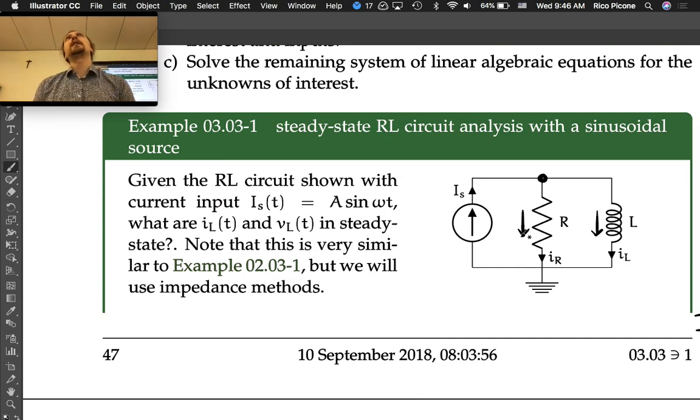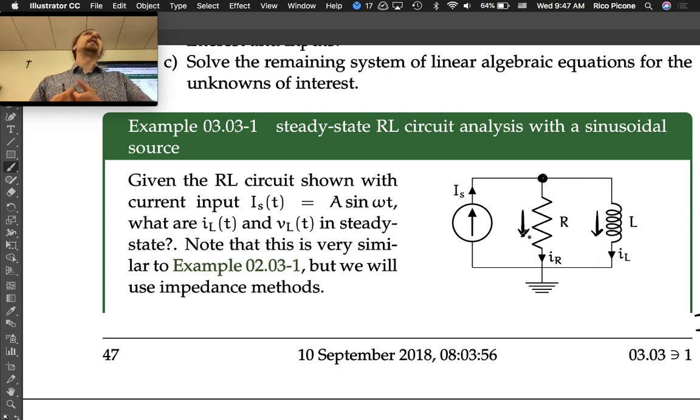When you're working with steady state, typically the absolute phase isn't a big deal. So if I say the input is sine omega t, and you're only looking at steady state, you probably don't care that it's sine. You could just use cosine. But it's good when you're first learning this to just use the definitions and get used to it. Then you can start to recognize that in steady state, I don't care about the absolute phase so much. I just need to start off the source at 0 phase, and that's fine.